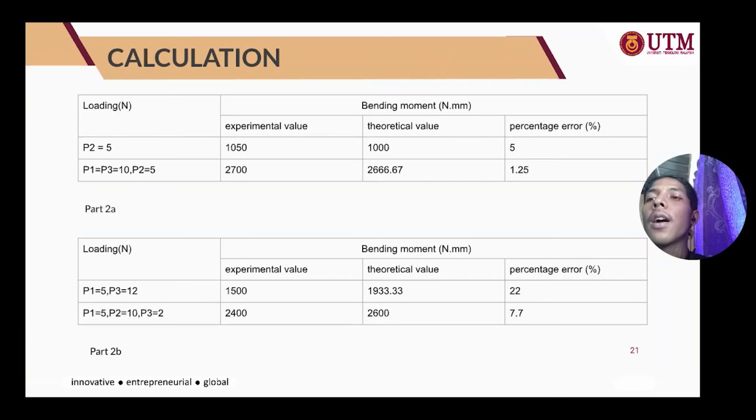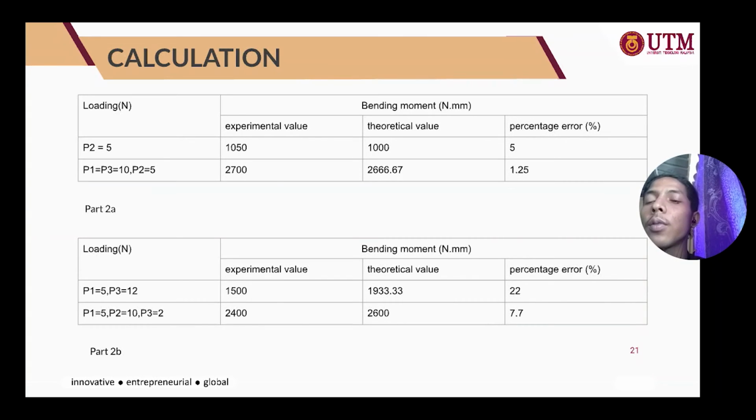This is the percentage error for part 2A and 2B. For 2A, when P1, P3 equal 10 Newton and P2 equals 5 Newton, the percentage error is 1.25.